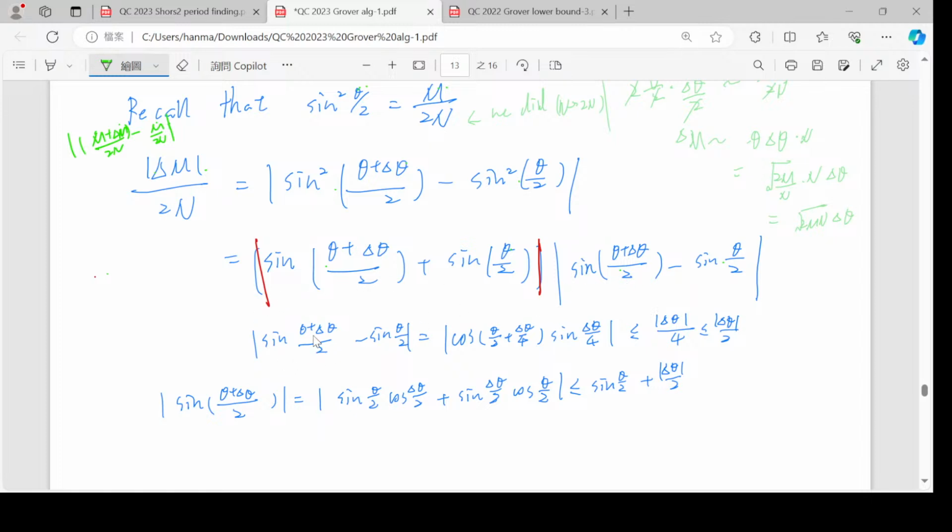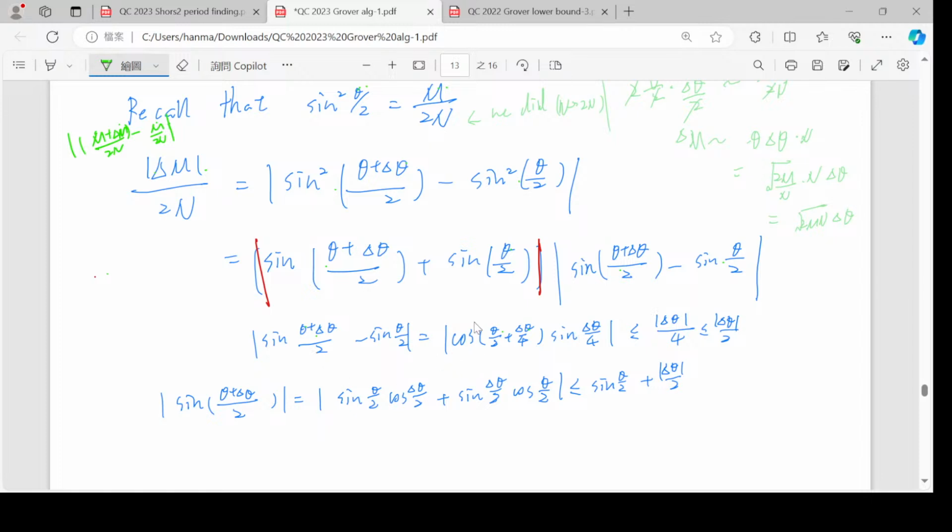So sin A minus sin B turns into cosine something and sin something. Let's check the cosine part: cosine of (A plus B) over 2. Both have sin theta over 2 and delta theta over 2, so it becomes delta theta over 4. And (A minus B) over 2: A minus B is delta theta over 2, divided by another 2, so delta theta over 4.